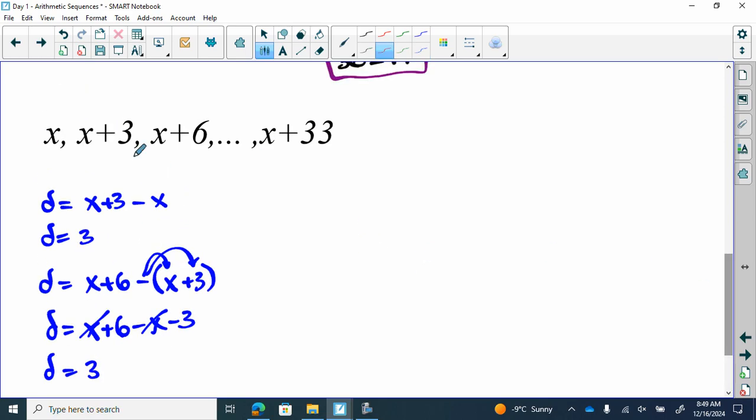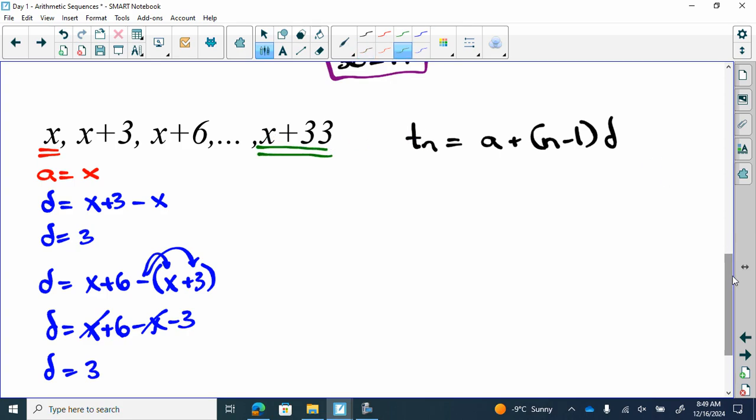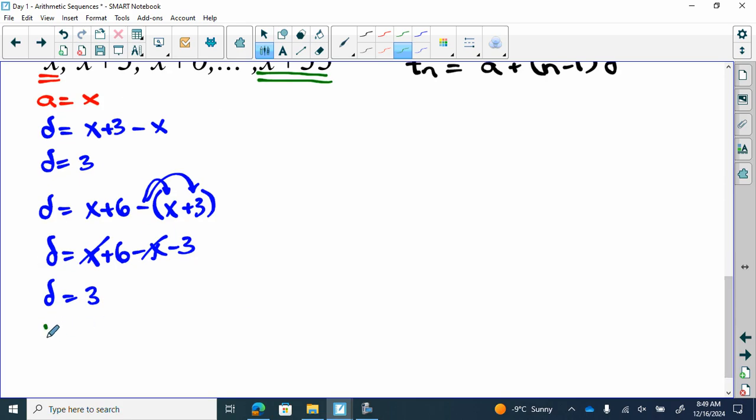What's the a value? So if I go to fill this in my formula and solve for n, I want to know the number of terms. I have a, I have the common difference. I'm looking for n. Means I need this thing. What is Tn? What's the last term in this one? X plus 33.